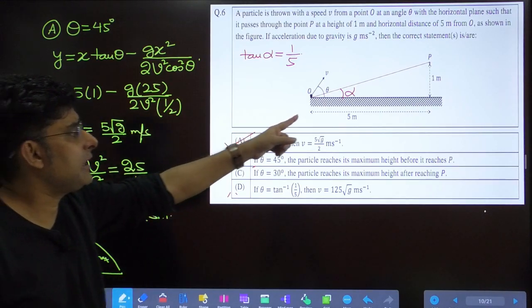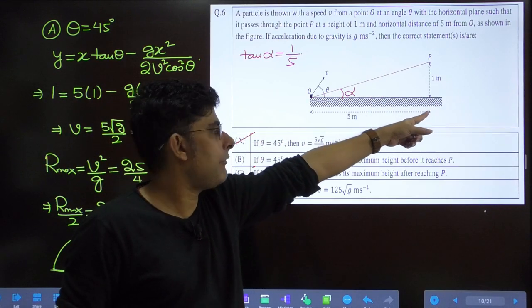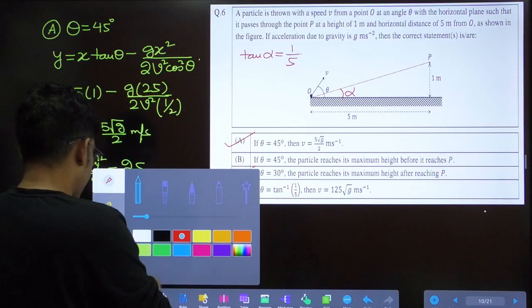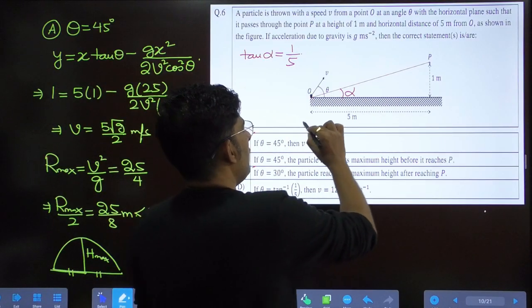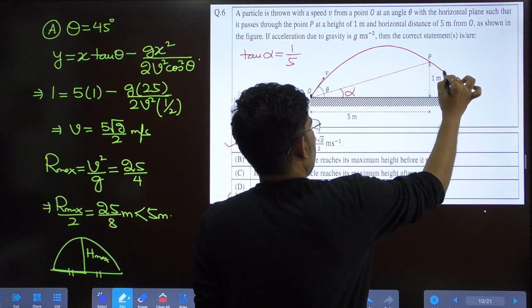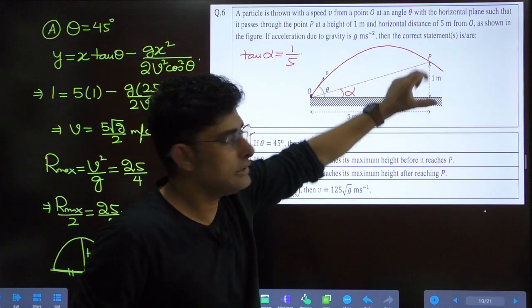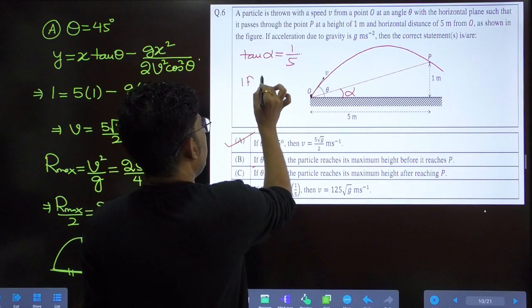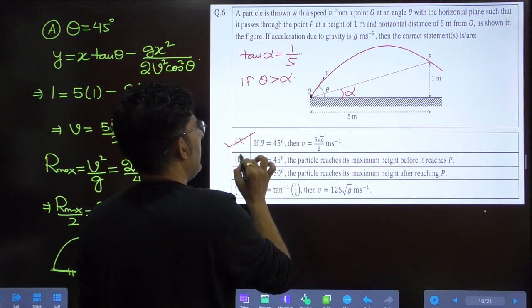That means this 5 meter is more than half of the maximum range. That means this projectile, if it passes through P, obviously it will be passing after reaching the maximum height, where you can see theta is greater than alpha.